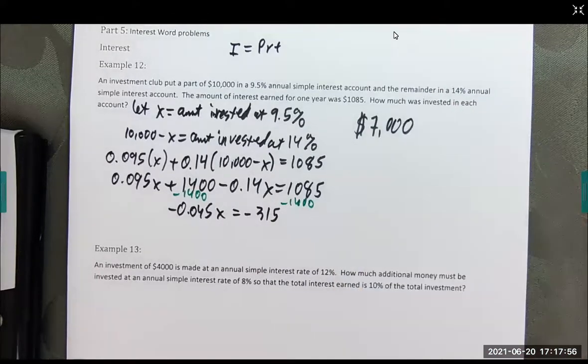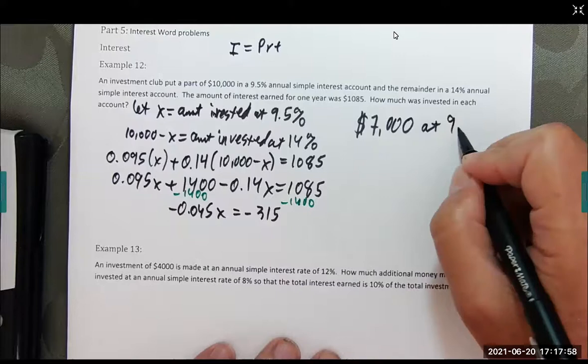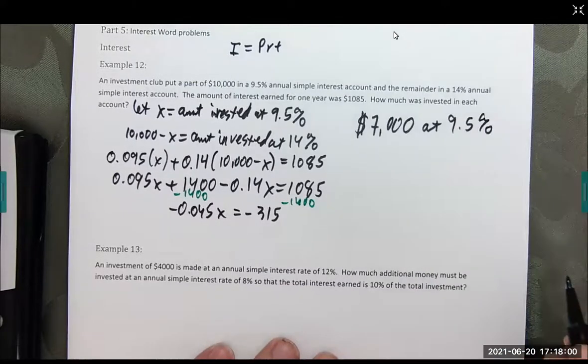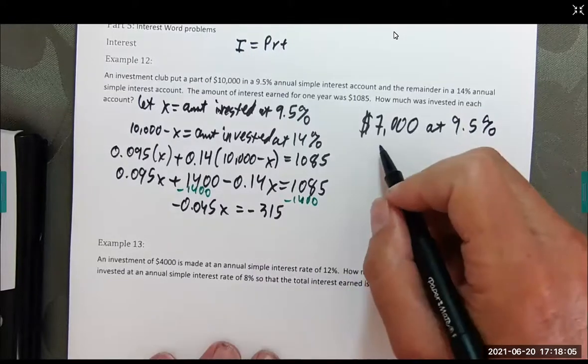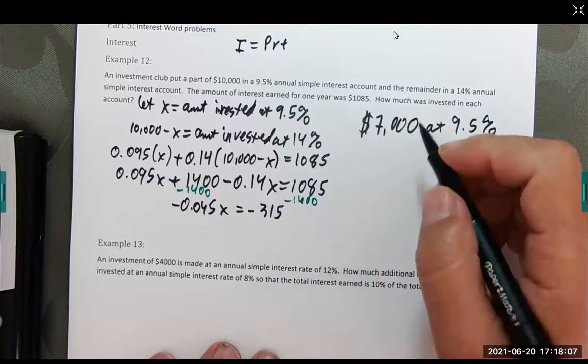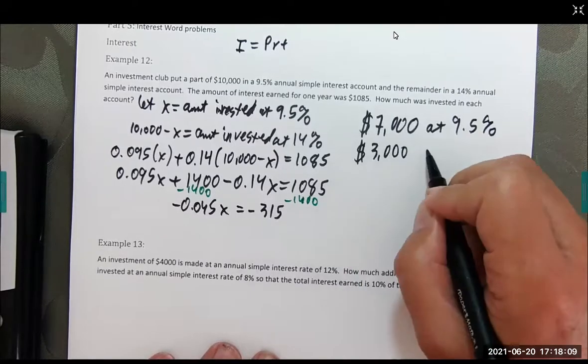So $7,000 at 9.5%. And that means 10,000 minus that, which means 3,000 at 14%.